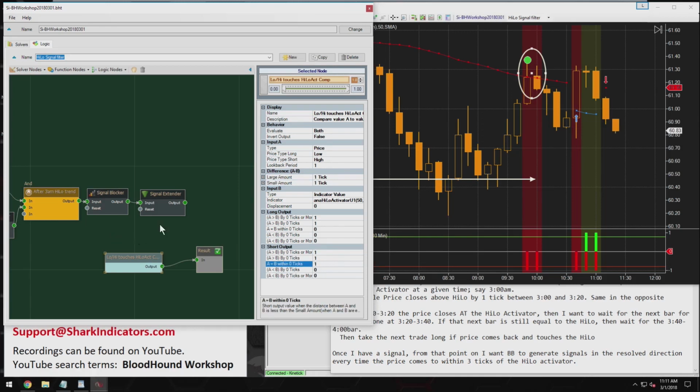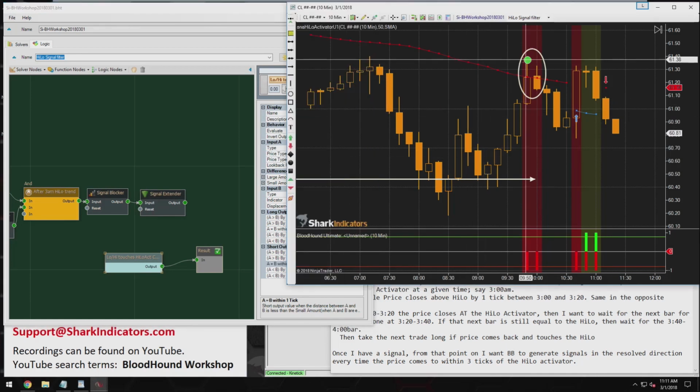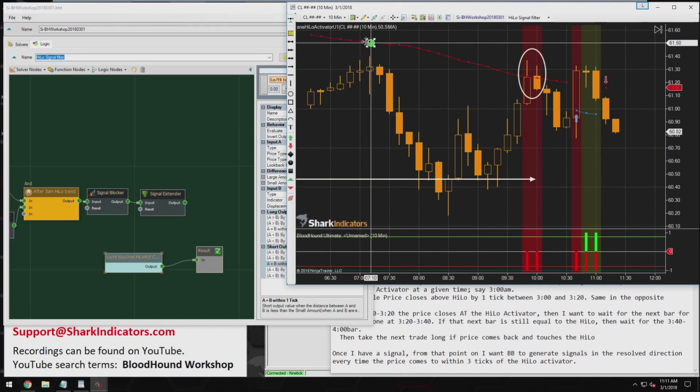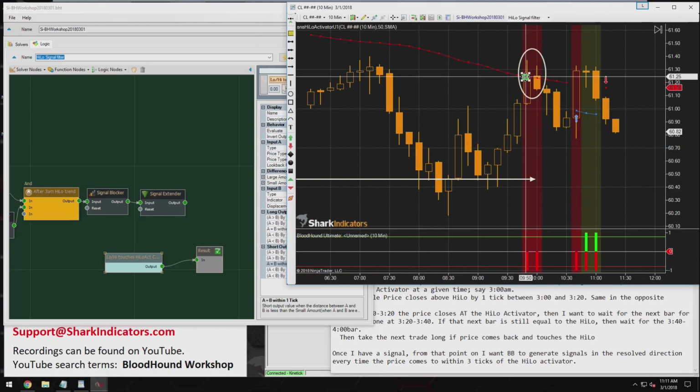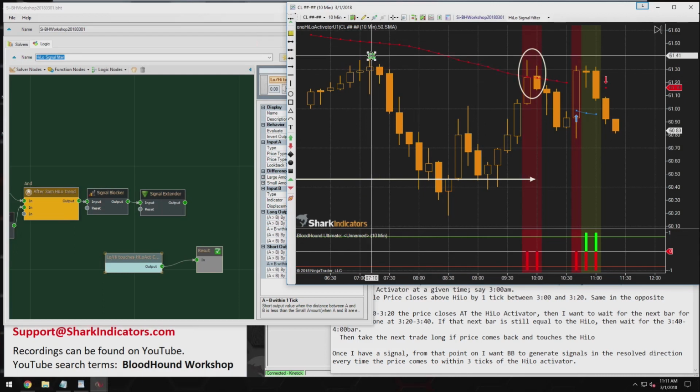What that does is, for the short, if A equals B within 1 tick, basically that means the high of the bar only has to get within 1 tick of the indicator, and that's considered close enough as a touch. It doesn't physically have to touch the indicator line; the high just has to come within one tick of it.